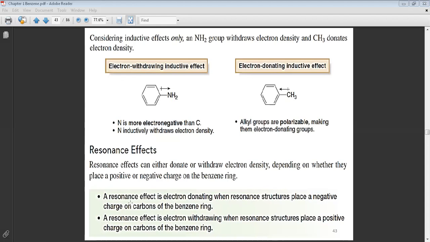The second one: a resonance effect is electron withdrawing anytime the resonance structure places a positive charge on the carbons of the benzene ring. Why withdrawing? Because it makes a positive charge on the benzene ring, so the electron density on the benzene ring decreases, not increases. Okay, and we take this. Look.